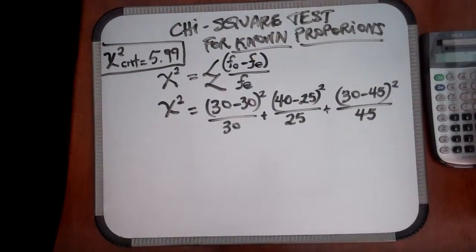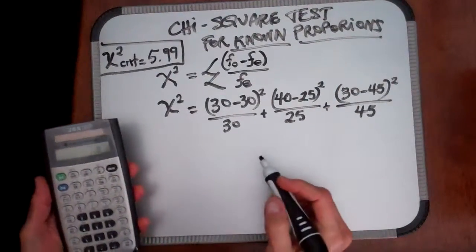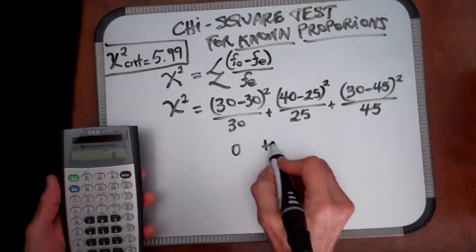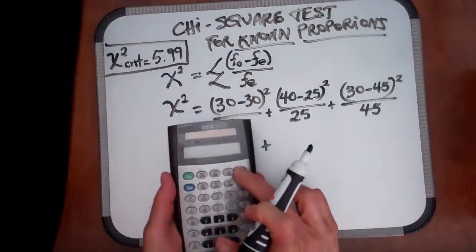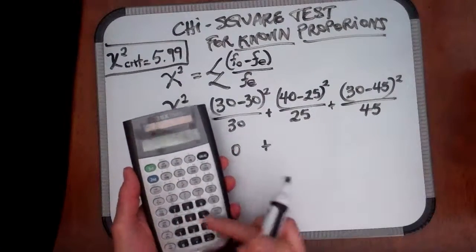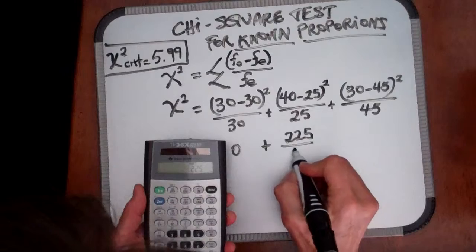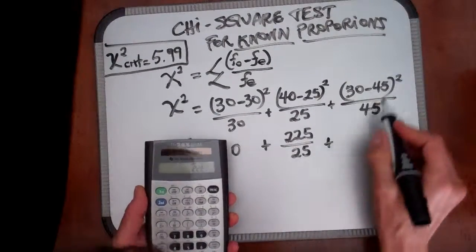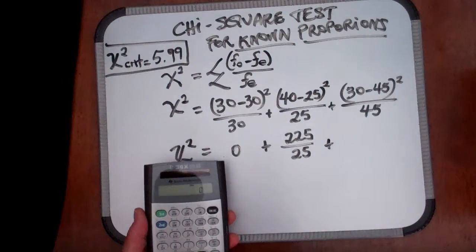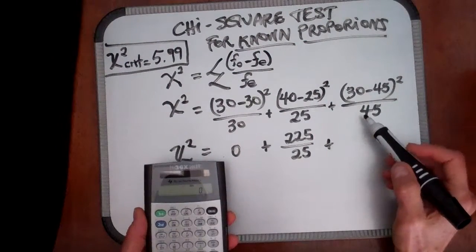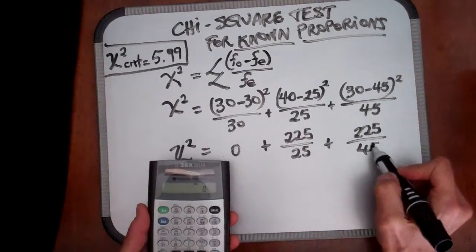So let's just calculate this through quickly. We know that this one is 0. Here we have 15 squared, which is 225, divided by 25. And here we have also 15 squared, which is 225, but this is divided by 45.